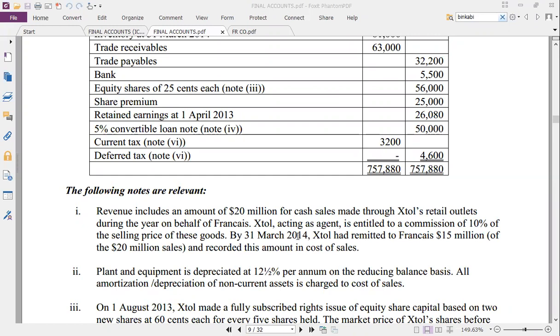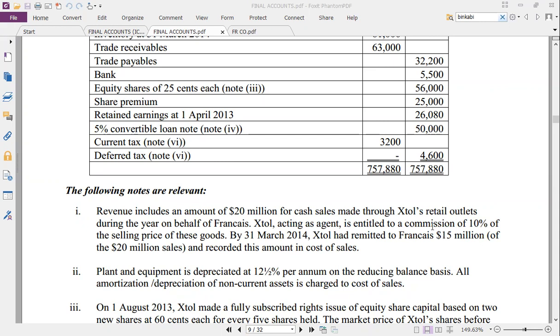Meanwhile, the cost of these goods is 15 million. He has remitted the 15 million to Francis and treated it as cost of sales. So we need to reverse all these transactions.